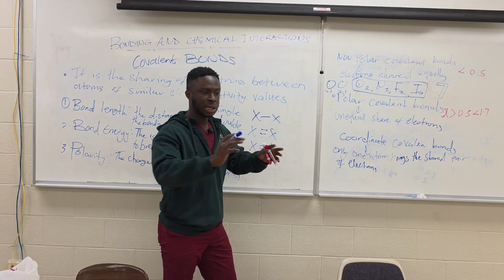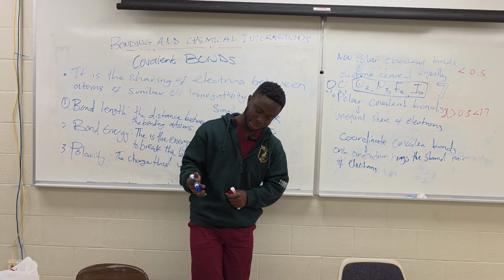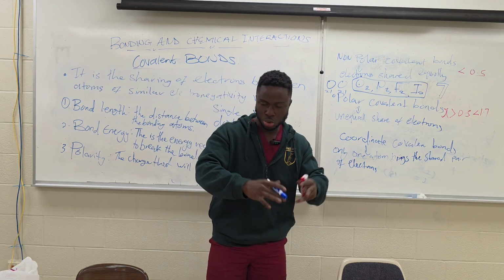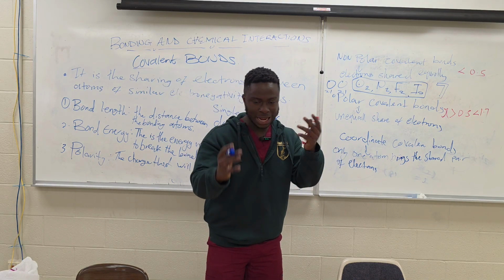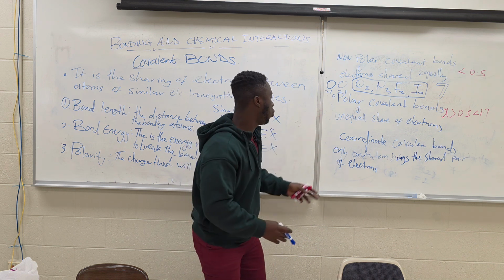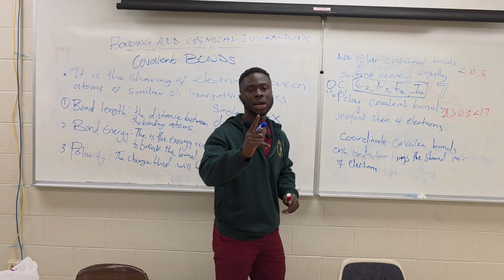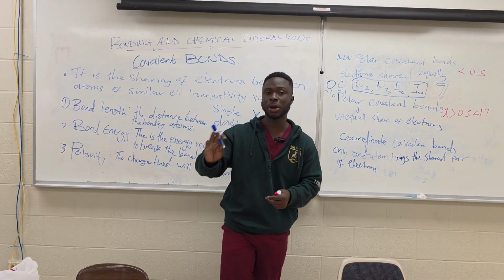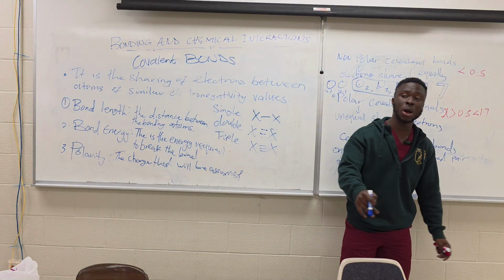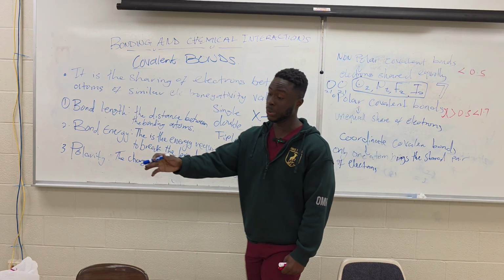And for coordinate covalent bonds, just one of the bonding species brings the shared pair of electrons. I said species because it can exist between two molecules, two ions, two radicals, an atom and an ion, something like that. These coordinate covalent bonds give rise to what we call Lewis acids and Lewis bases.